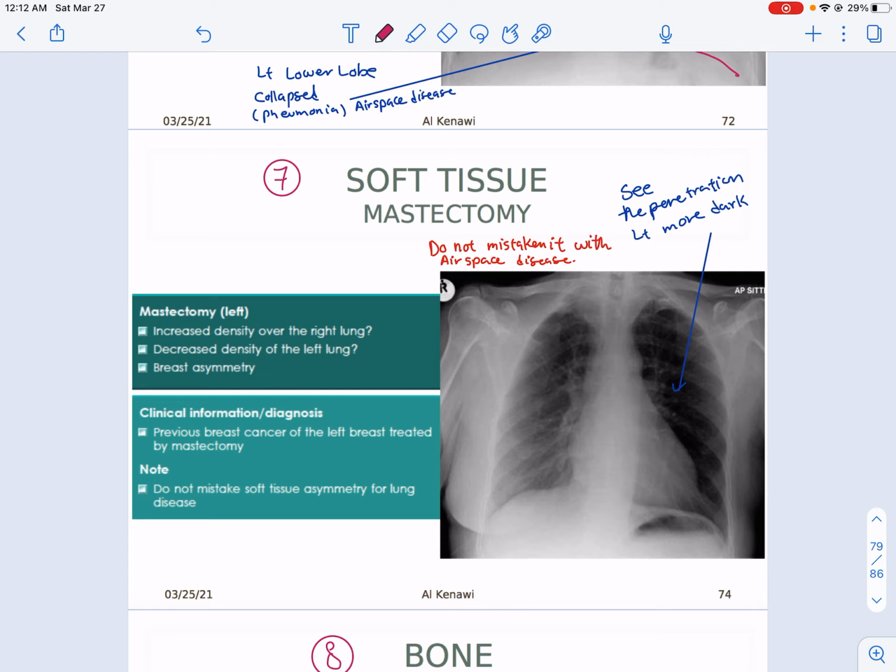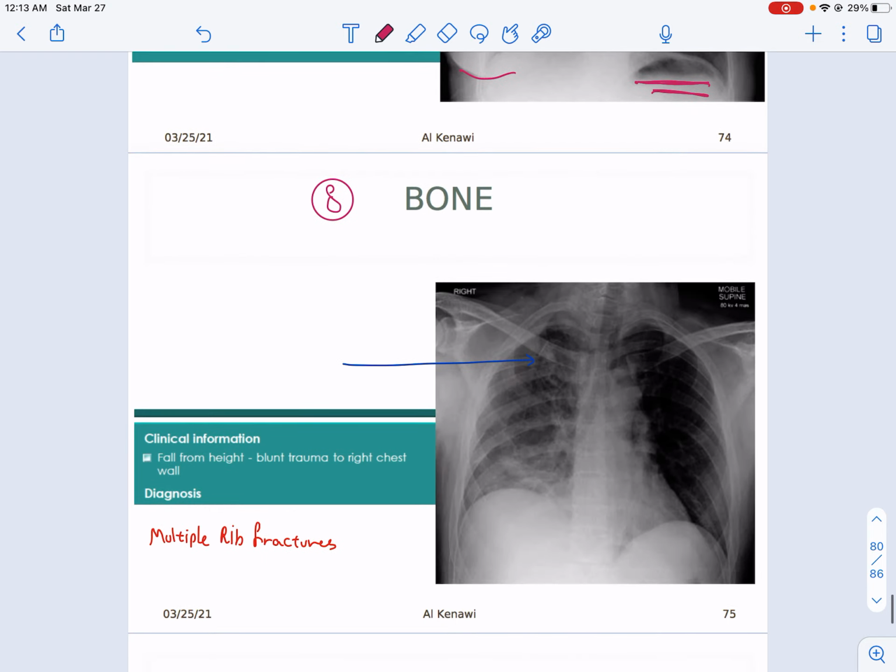Remember when we said the 7 steps, A, B, C, D, E, F, and G; these include the diaphragm, so we need to assess the diaphragm. When we see the diaphragm and the markings here, we can know that this is mastectomy, because also of the shadowing for the breast. So it's very important to assess everything.